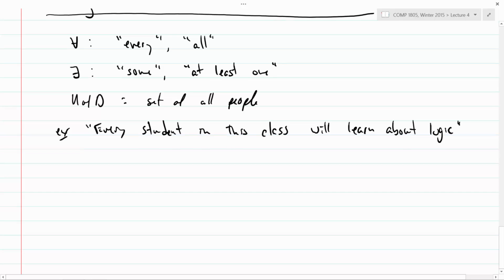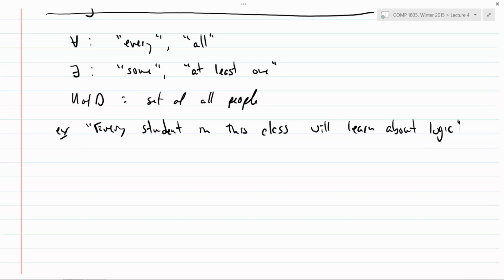All right? Okay, so if we're doing translation, the first thing we need to do is define some propositions. We look at this sentence and we see the word every, which makes us think, oh, this is probably going to involve quantifications, which means I should define some predicates instead of just plain old propositions, right?